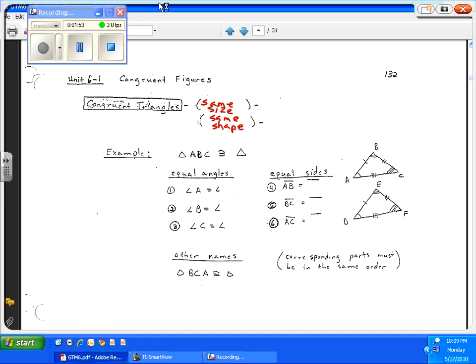The thing that gives them their shape are their angles, and so same shape would mean that all corresponding angles are equal. The thing that makes them the same size is the length of their sides. And so from the fact that they're the same size, we can say that all corresponding sides are equal.